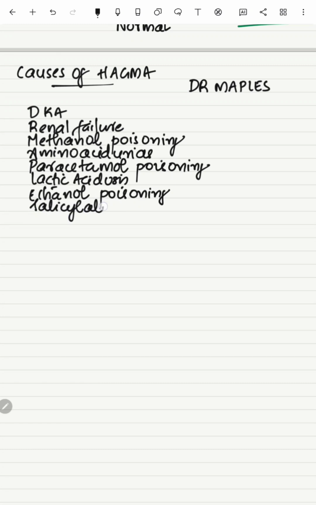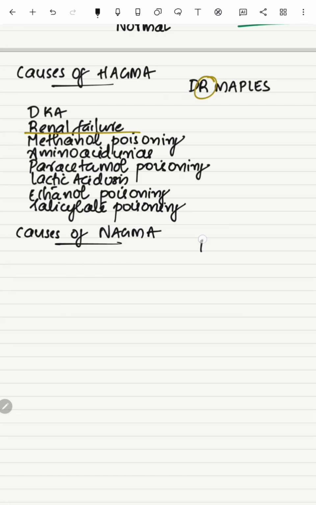So these are the causes of HAGMA, and I just want to highlight renal failure among the causes of HAGMA, because here the chloride anions are not increased. That is why the patient has high anion gap metabolic acidosis.